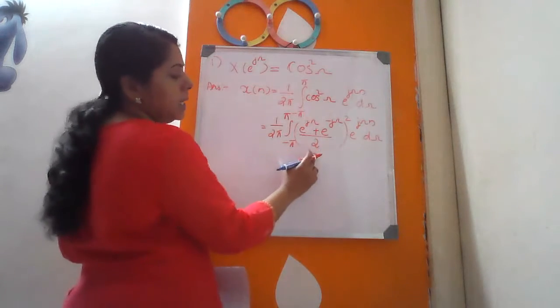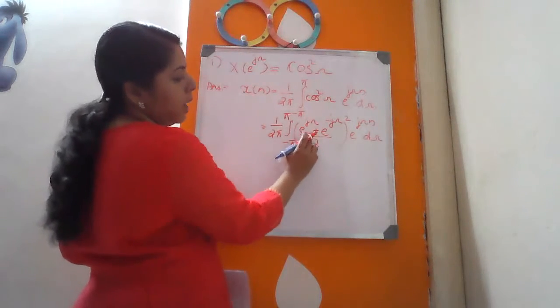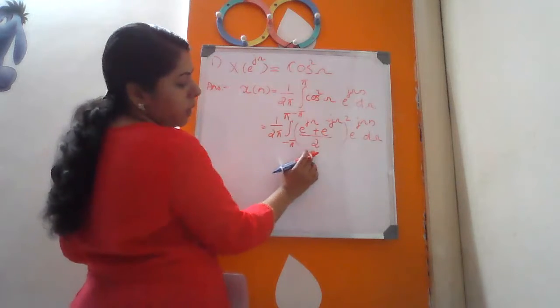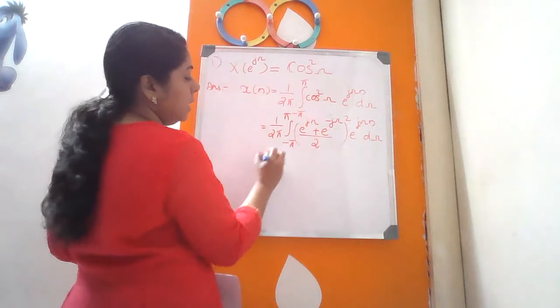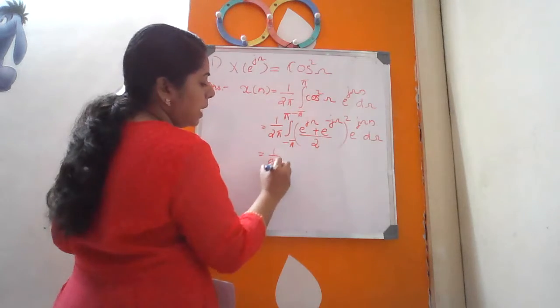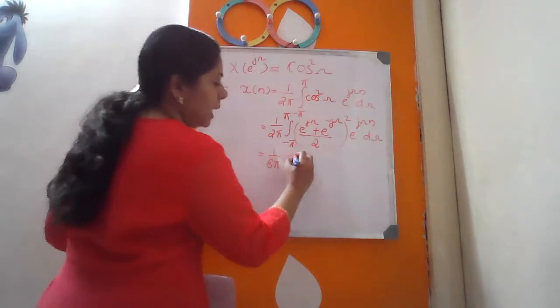Now you can see that this 2 is squared, so 4 will come. You can take that 4 outside, and then you get 1 by 8 pi integral.